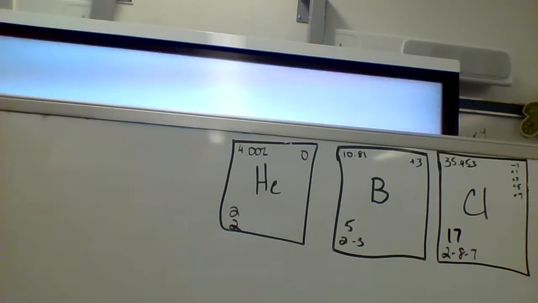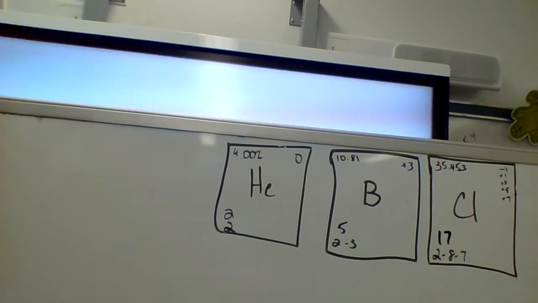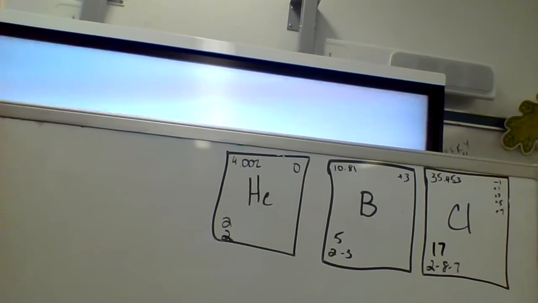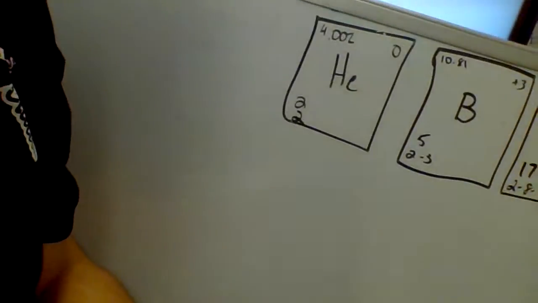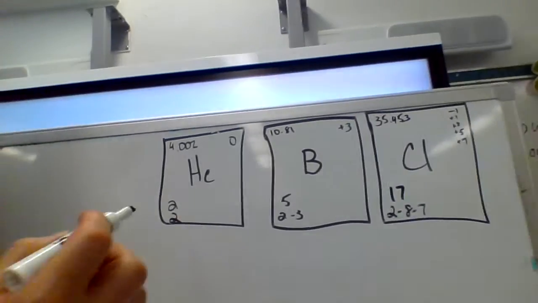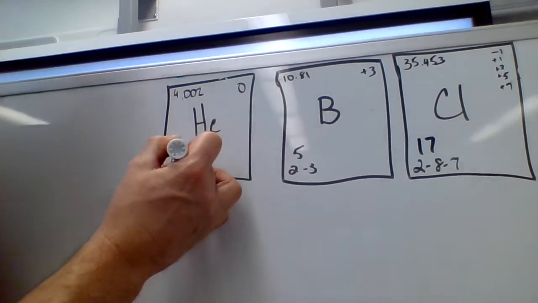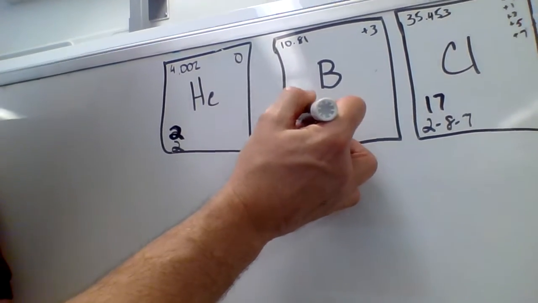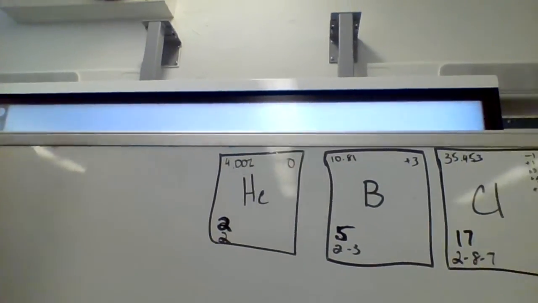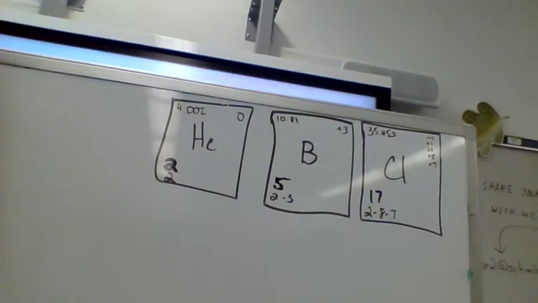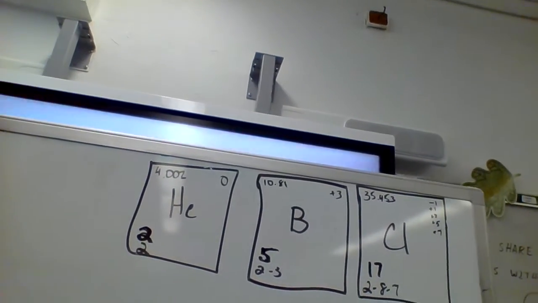All right, so our favorite and most important number, as always, with these guys, is their atomic number, which is written in bold for each of these. Let's make it a little bit more bold, okay? Nice and bold. Those are our atomic numbers, okay? So the atomic numbers, as we recall, tell us the number of protons.